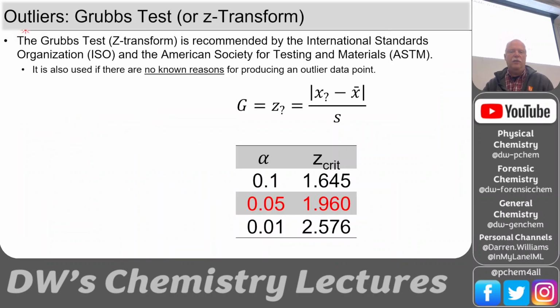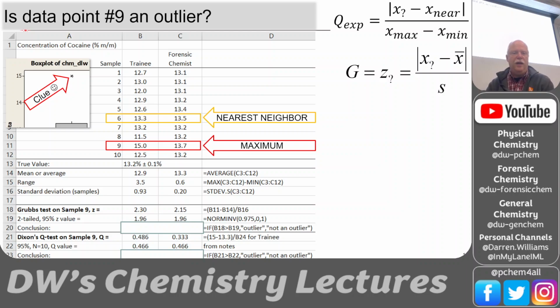So then we calculate that. I'm going to jump ahead to here. We've got the maximum value here, the 15. And the nearest one, we can look at all the other data points: 11.5, 13.2, 12.6, 12.9. Here's a 13.3, so that's the nearest neighbor. So we take that gap, 15 minus 13.3, and then we divide it by the range.